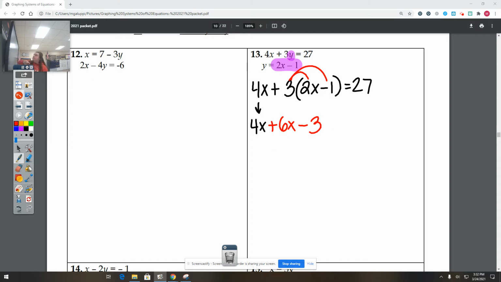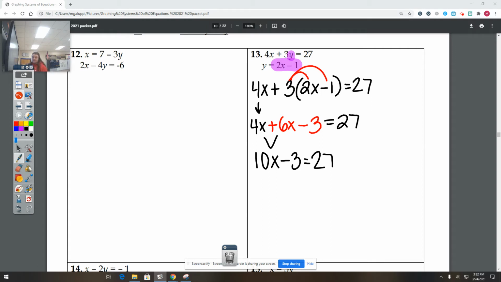And then rewrite the rest, equals 27. From here, I see I have 4x plus 6x. They're both x's, so I can combine them. 4x plus 6x is 10x, minus 3 equals 27.